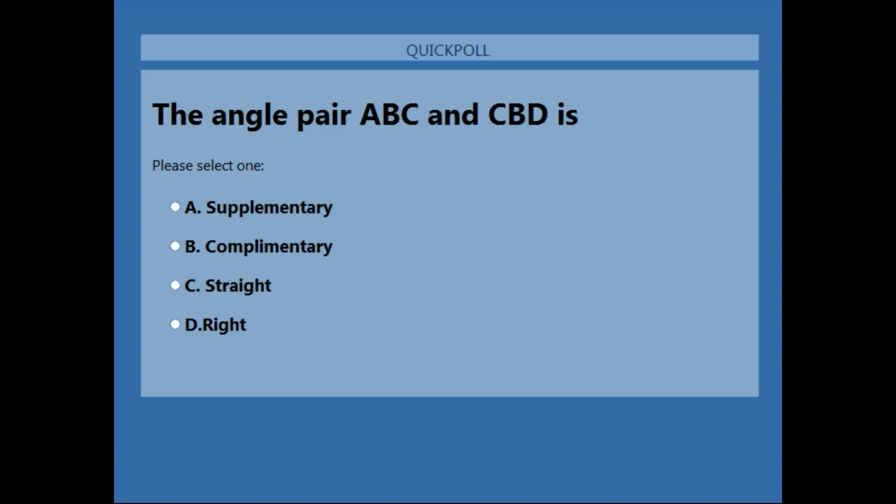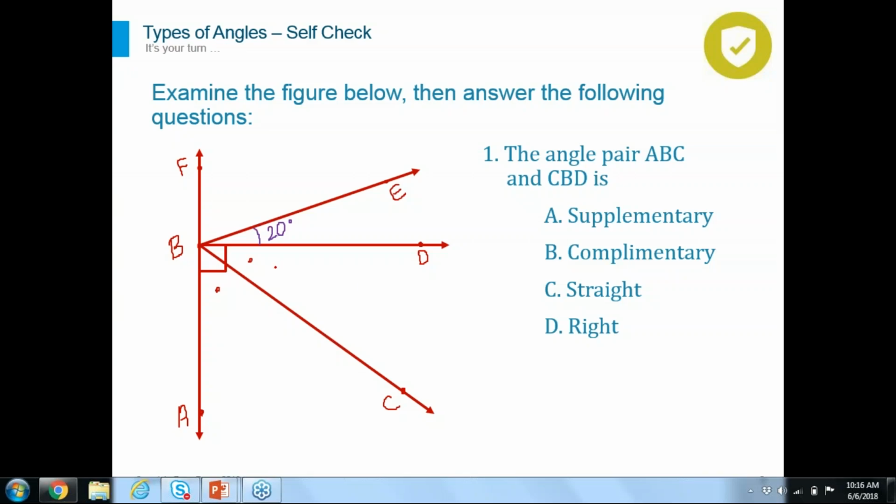Okay, let's do the question together. Since the sum of the measures of these two angles is 90 degrees, and I know that because on the figure they gave me a symbol to give me the idea that the bigger angle ABD is a right angle, and because there are two adjacent angles within this bigger angle, I know that without knowing any angle measures, these two angles are complementary to each other.